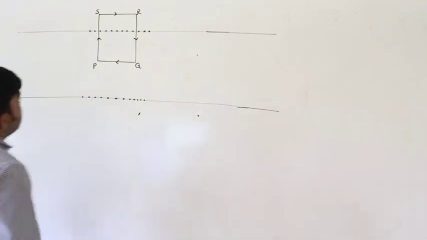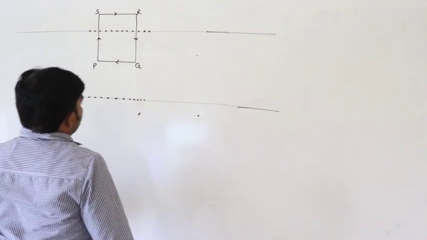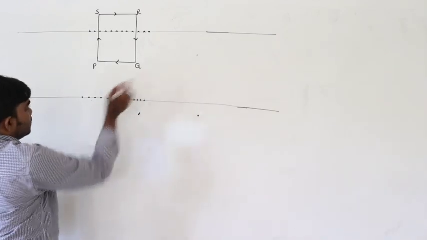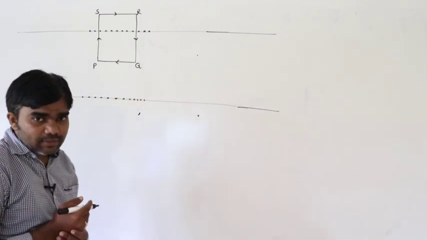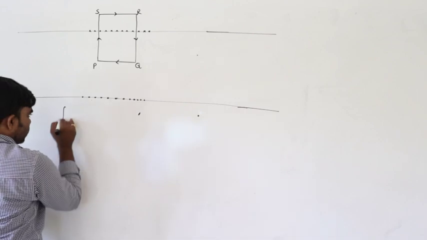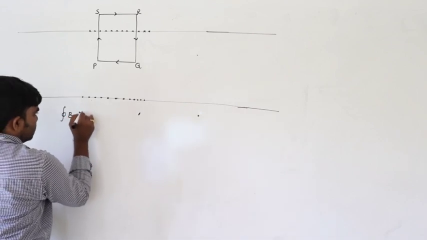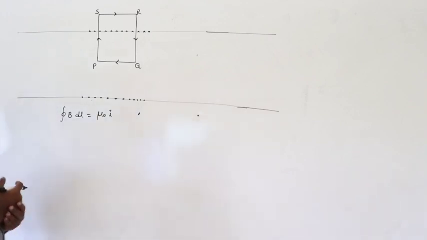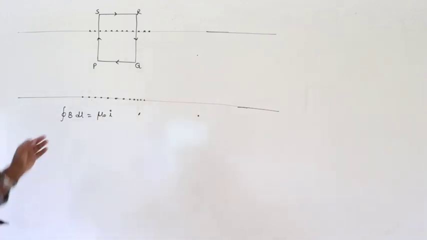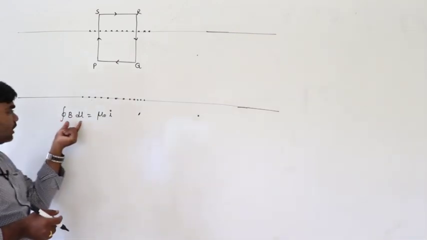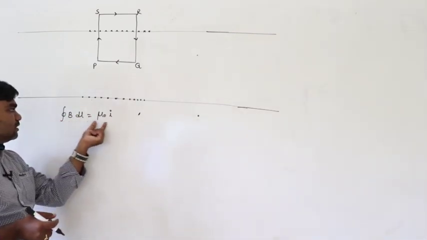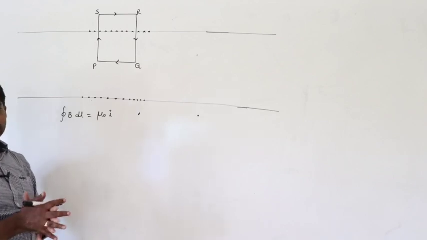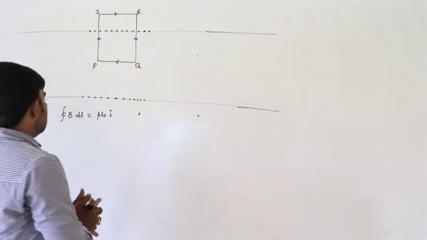So now I am considering this portion, where the current passes through this. What is Ampere's circuital law? We know the integral of B dot dl equals mu naught I. This is Ampere's circuital law.